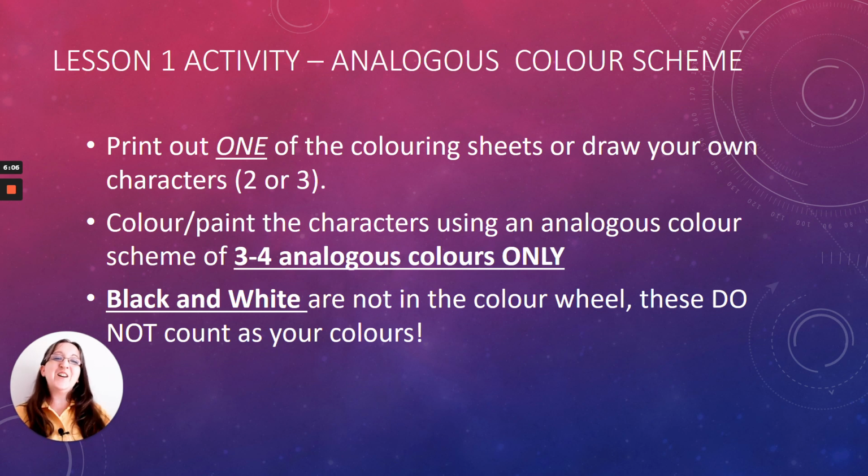Black and white are not a colour. Black and white are shades and tones and tints. Okay? Black and white is what you add to a colour. Alright, so let me set up and I'll be back with you in a moment.